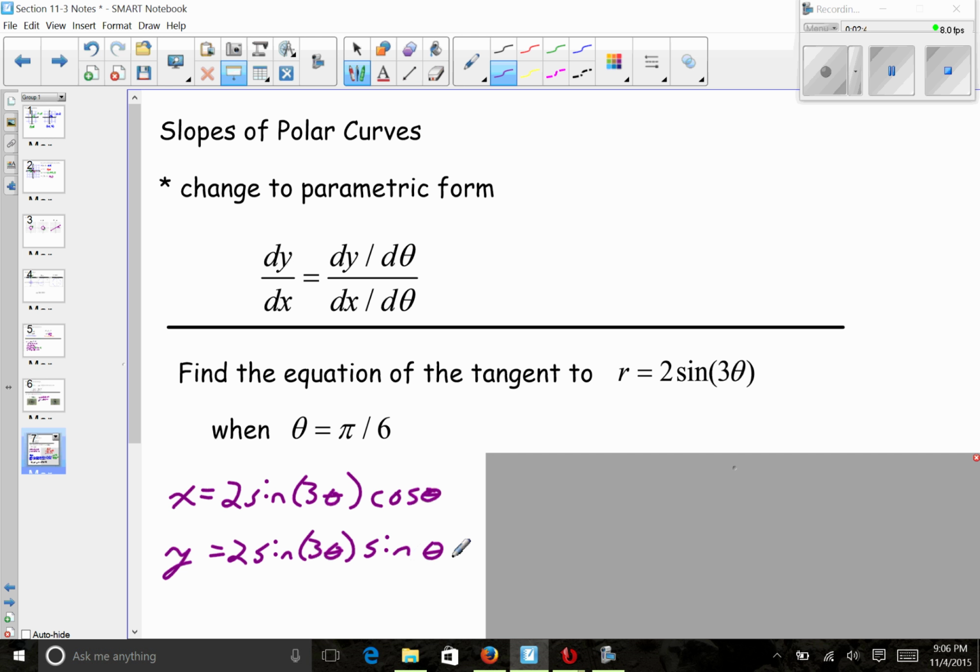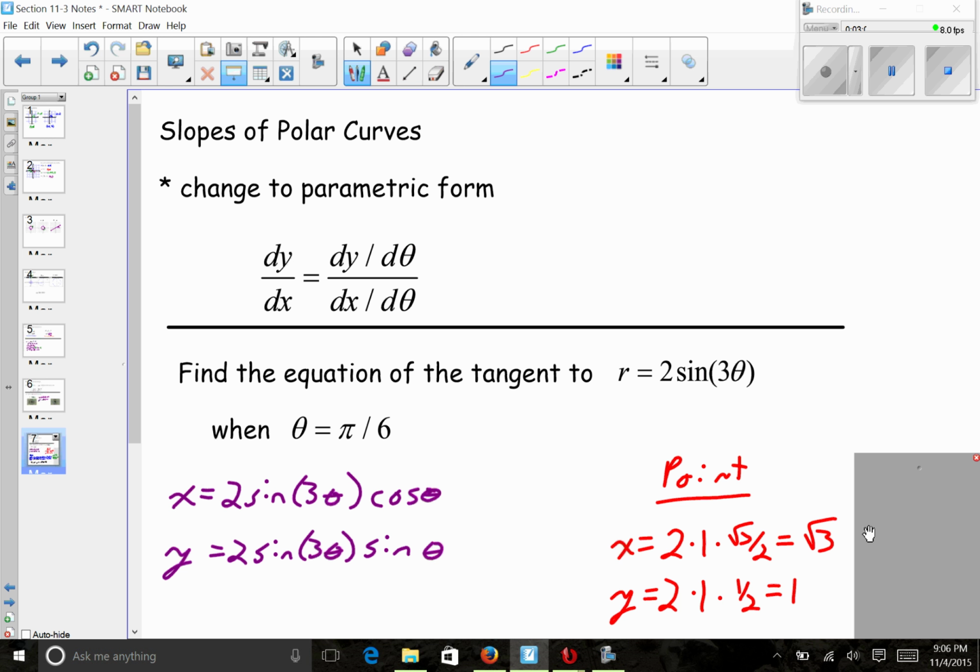Well, now, to find the equation of a tangent, that means I need the equation of a line. To do that, I need the point and the slope. So if I do the point first, I just plug pi over 6 in for theta. When I plug that in, sine of pi over 2 is 1, times 2 is 2.